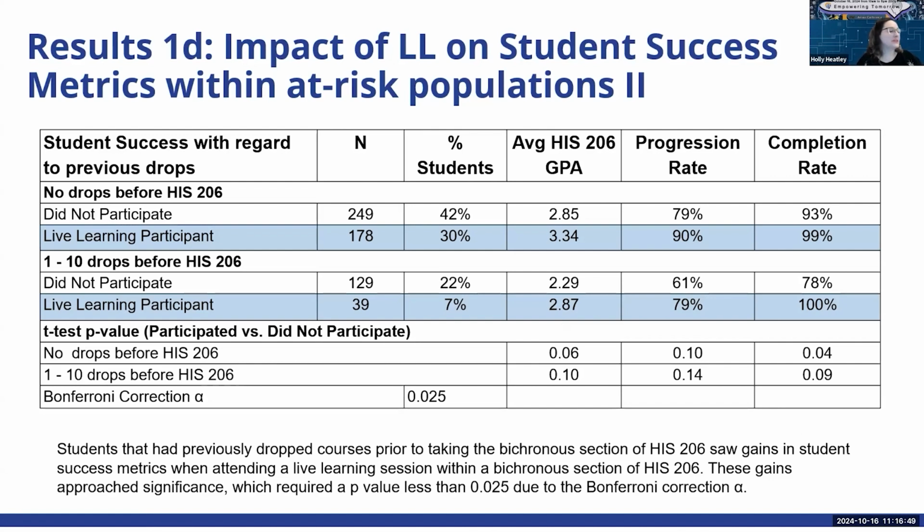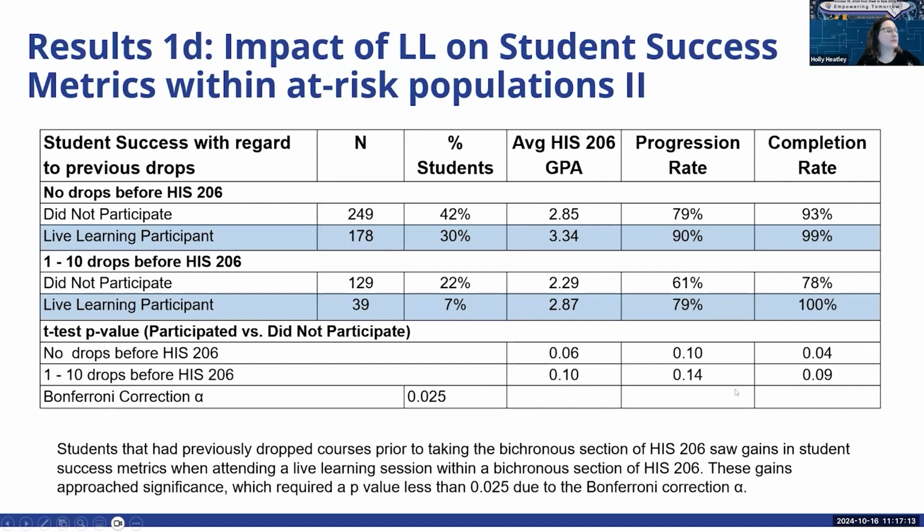More encouraging results were observed when examining students who had been identified by the number of previous course drops. The impact of students attending live lessons when examined by previous course drops approached positive significance with p-values under 0.15.